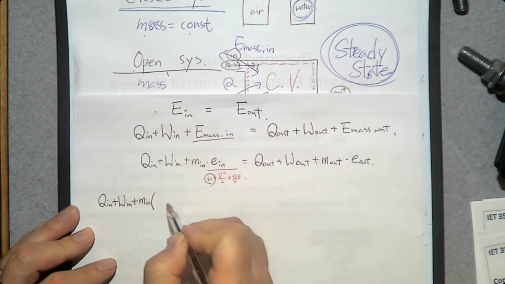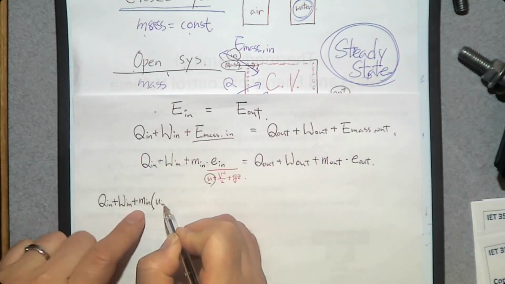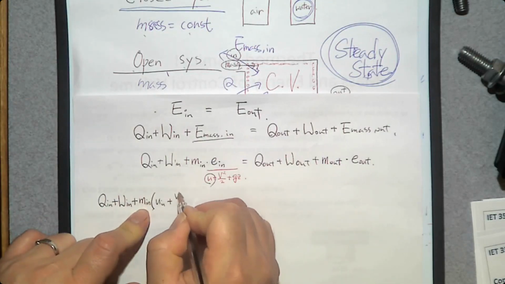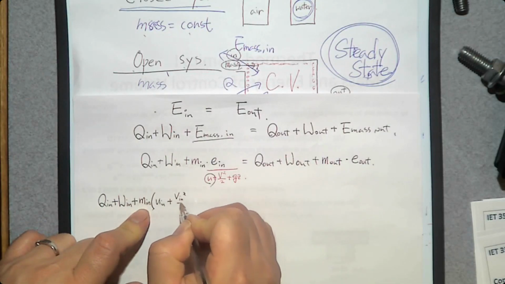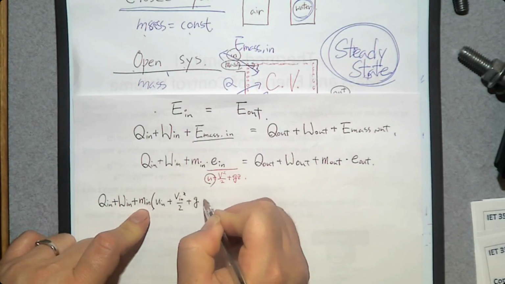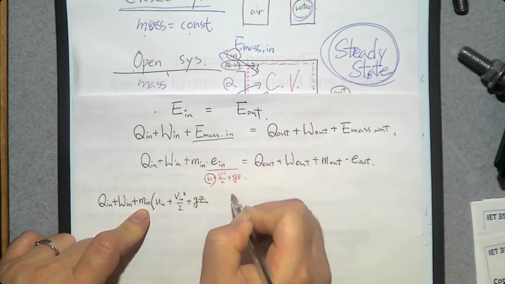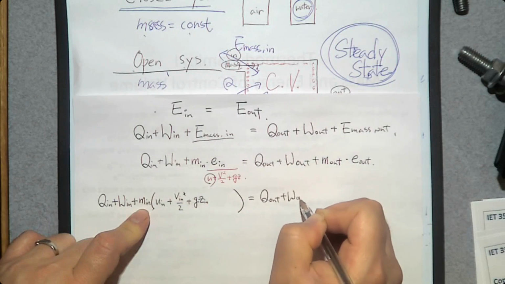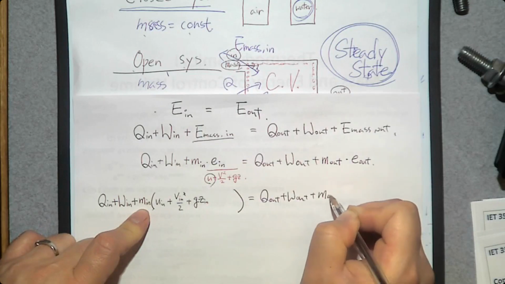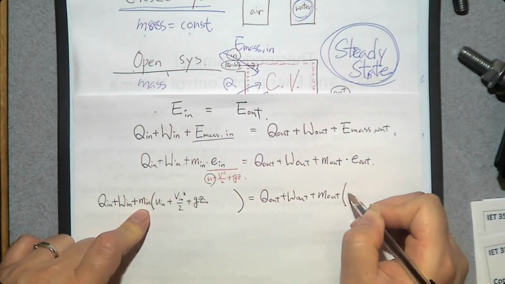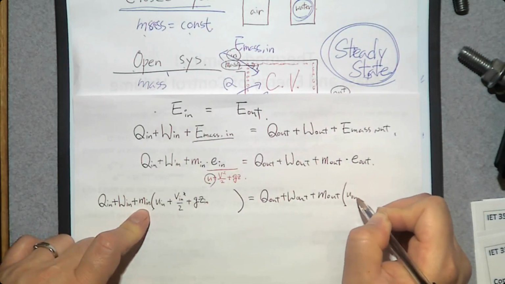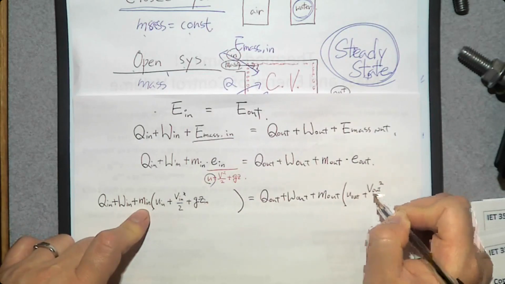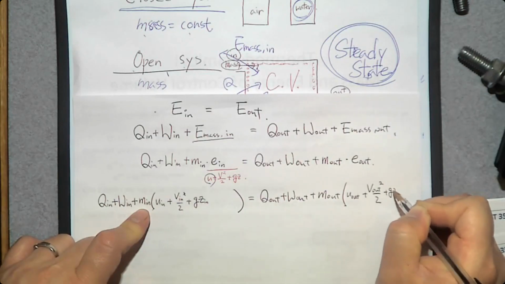This one has specific internal energy because this mass may have some temperature. This mass may have some kinetic energy. This mass may have some potential energy. That is Q out plus W out plus mass at the exit. This one has specific internal energy. This mass may have temperature, kinetic energy, and potential energy.